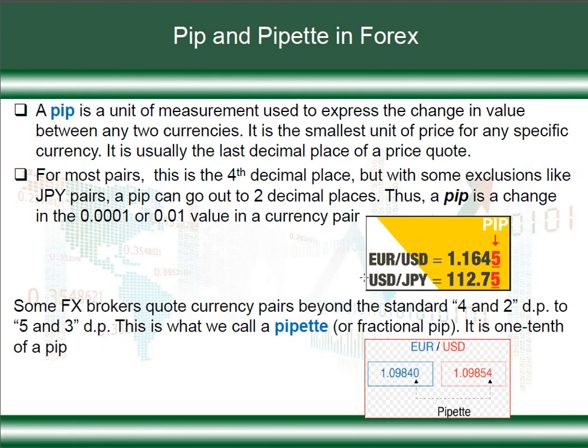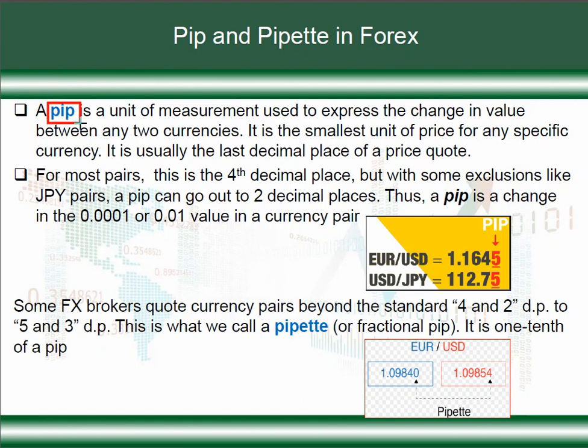Majority of brokers will give you currency pairs with a price or an exchange rate of 4 decimal points, sometimes 5 decimal points. Now, a pip is considered to be the smallest unit of price for any specific currency. That's what we are calling a pip, this guy here.